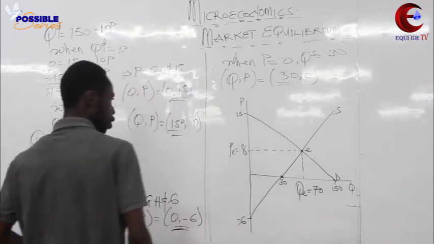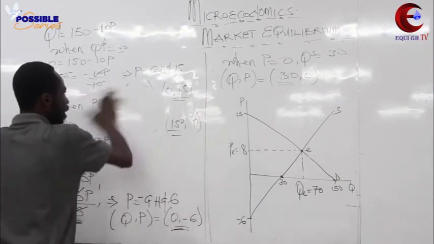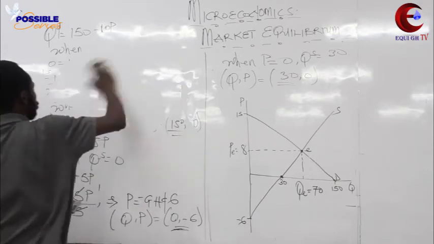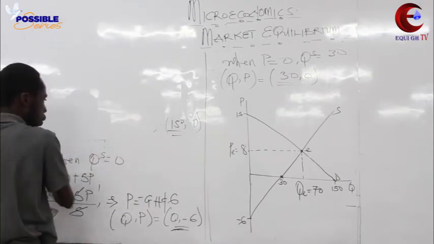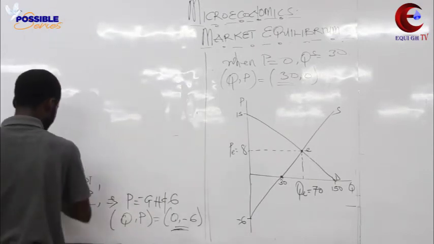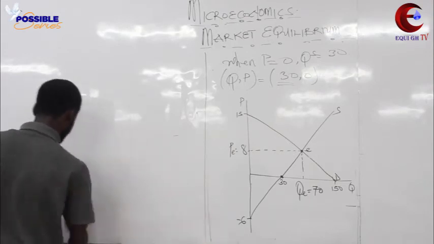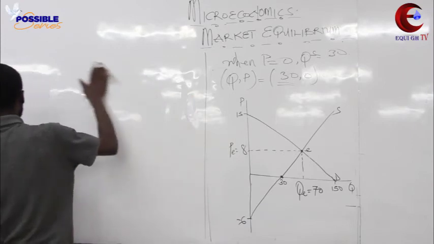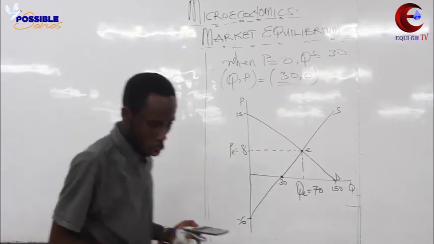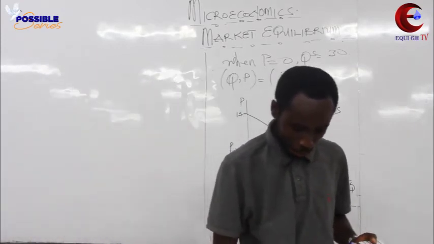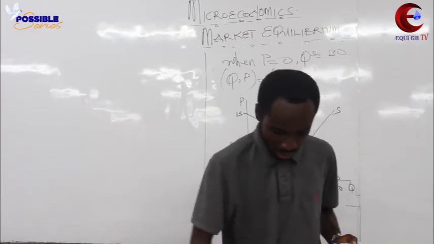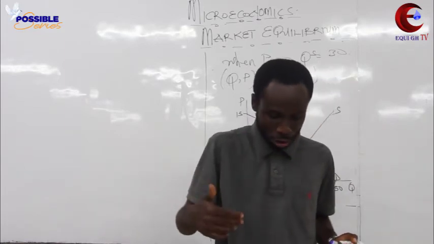We got that. So having understood this one, let us work out the shortage and the surplus on the market. First one, the price is 5 Ghana cedis. Provided there is a price legislation of 5 Ghana cedis, show whether there exists a surplus or shortage in the economy.